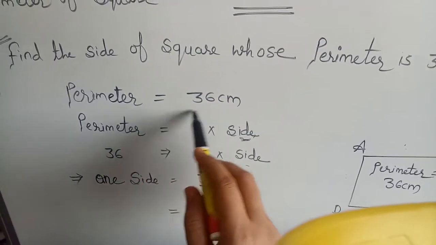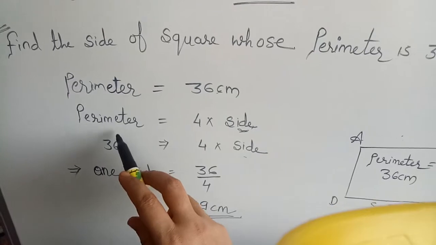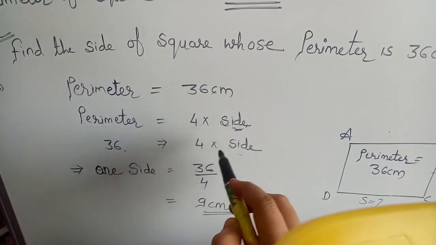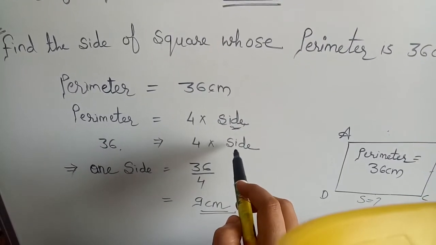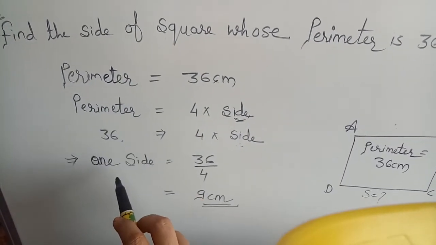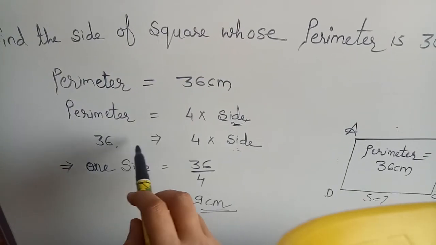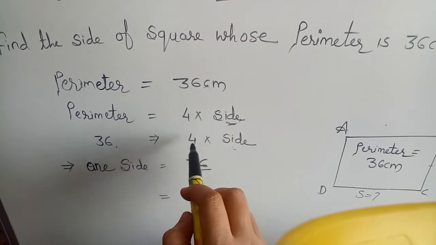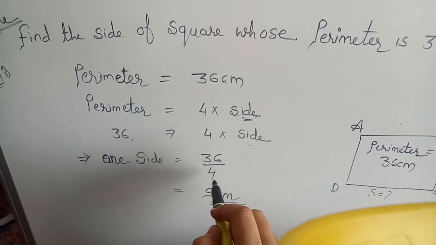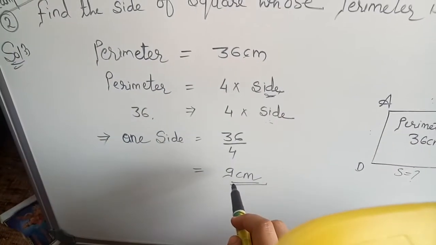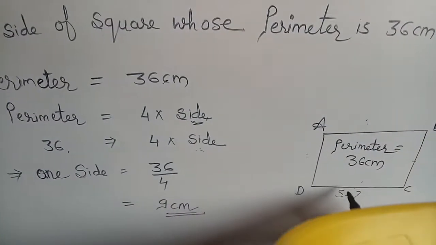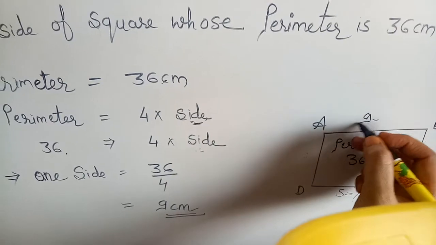I have put the value of perimeter here, and the side I have to find out. So I have shifted it toward this side, and 36 will be divided by 4 because it is in multiplication, so it will be converted into division. 36 divided by 4. So the final answer is 9 centimeter. So we have got the side of square is equal to 9 centimeter.